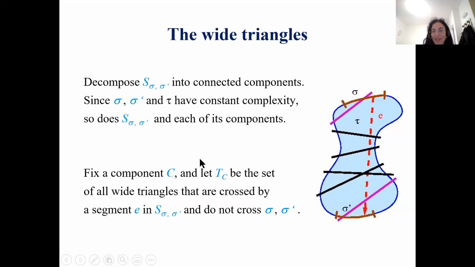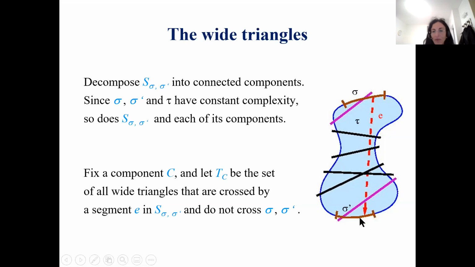It represents a subset of those segments going from sigma to sigma prime. And we denote by T of C the set of all the triangles that are crossed by the segment E in this picture in S sigma sigma prime, and does not cross sigma or sigma prime. What does it mean? I fix such a connected component.